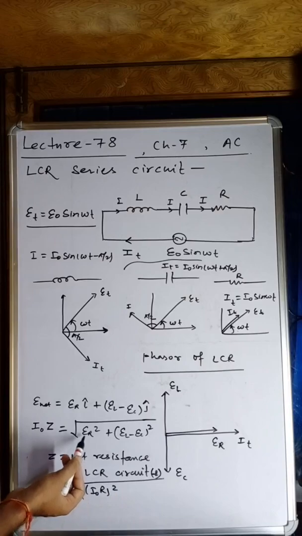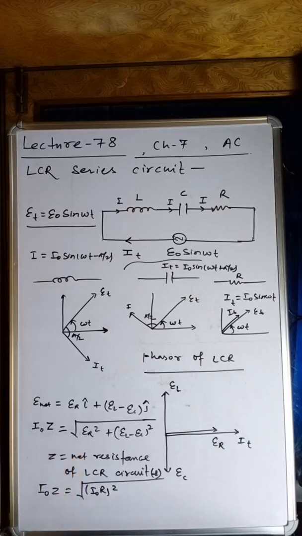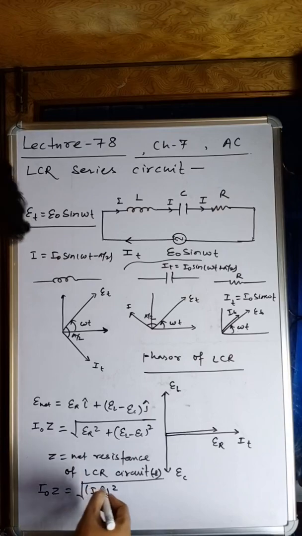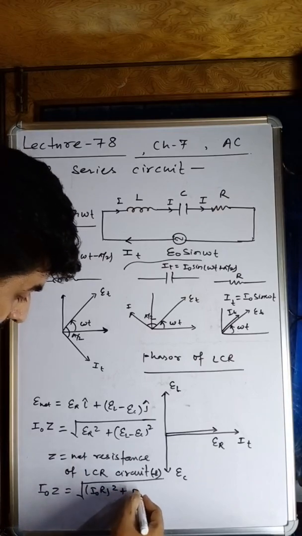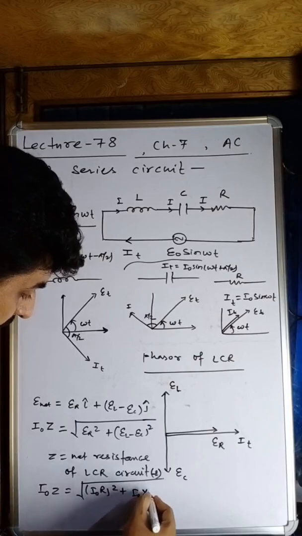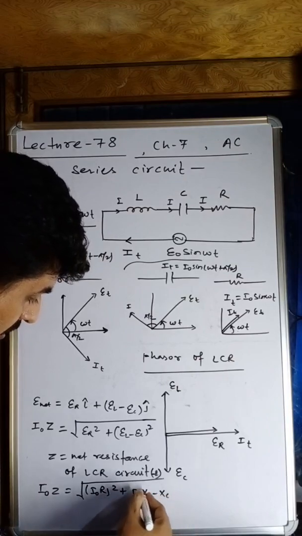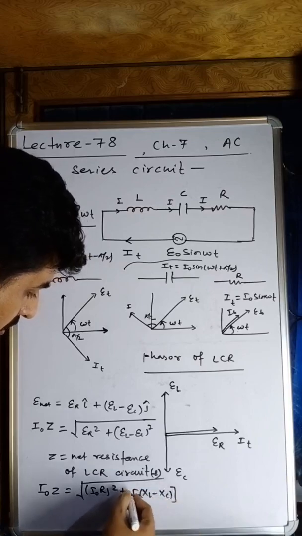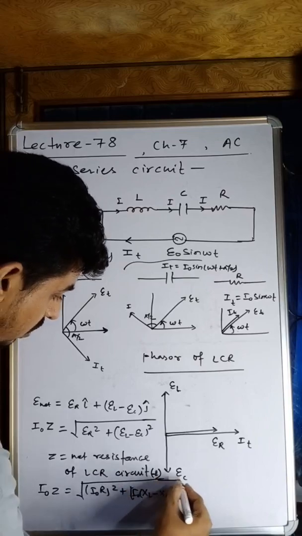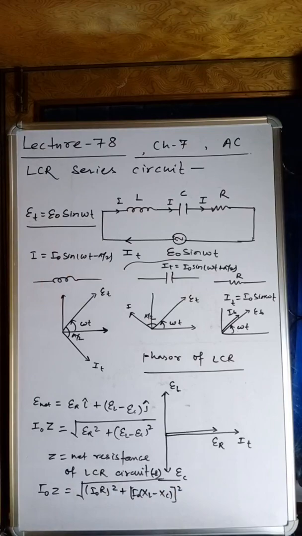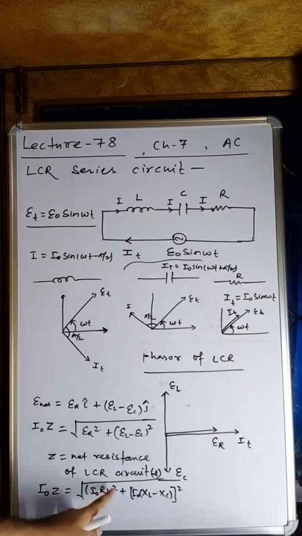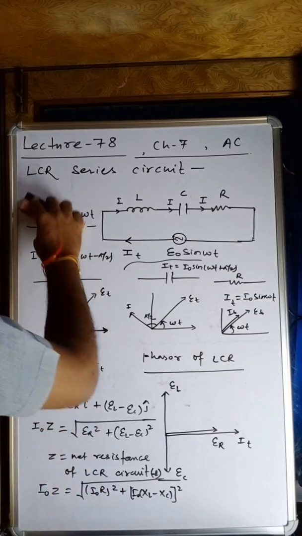We can write the voltage across the resistor as current into resistance, plus (I naught XL minus I naught XC) whole square. Yes, could you write? Now here I naught square and here I naught square are common, and will be taken out.